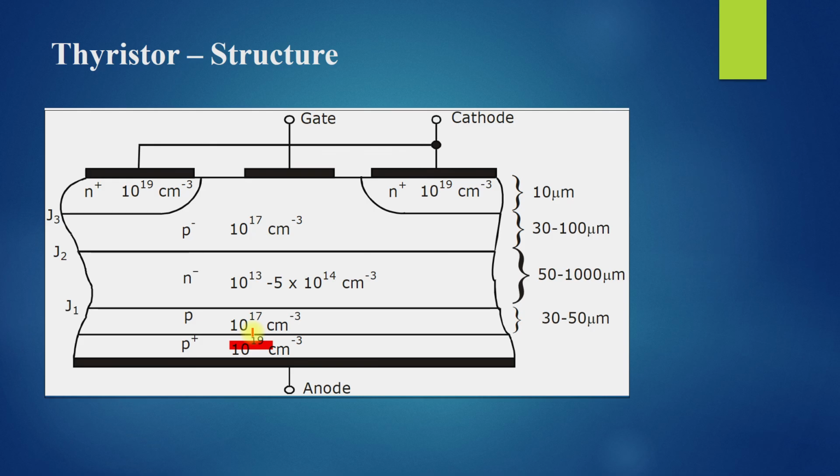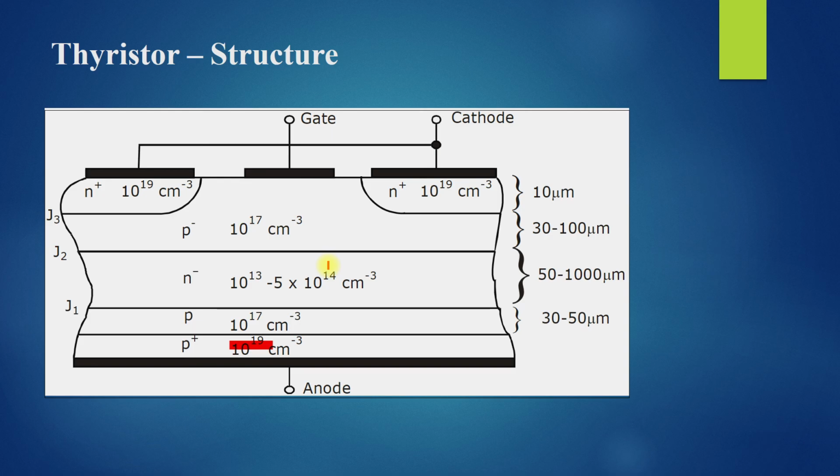For semiconductor devices, you have to be very particular that a junction with lightly doped layers requires large breakdown voltage, and a junction with highly doped layers on both sides requires low breakdown voltage.